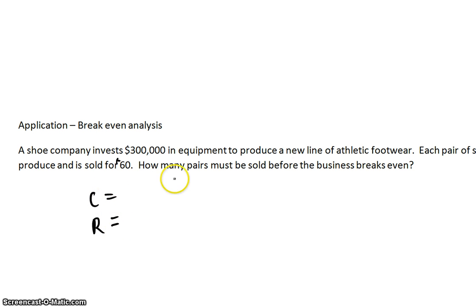Well, the cost is $5 per shoe. So we know it costs $5 times an amount per shoe. In addition, you have to pay for the initial investment.